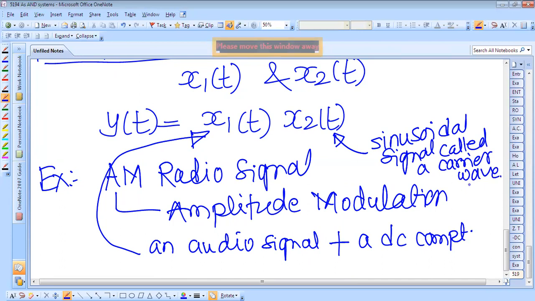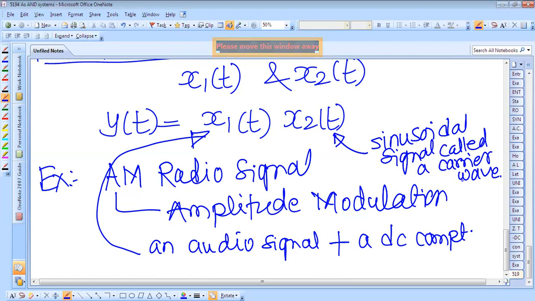So the output signal consists of x1 of t and x2 of t.